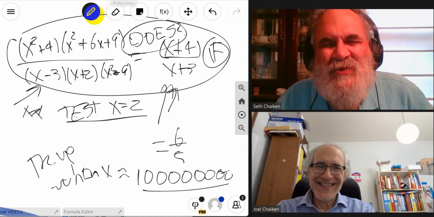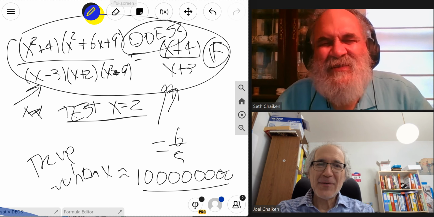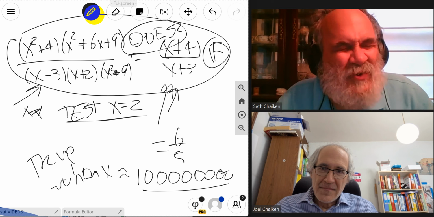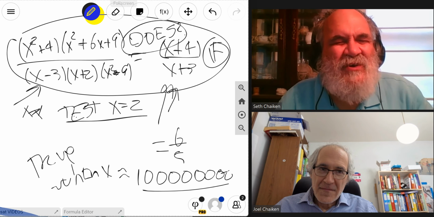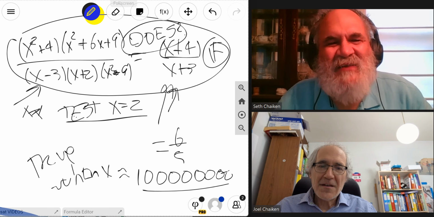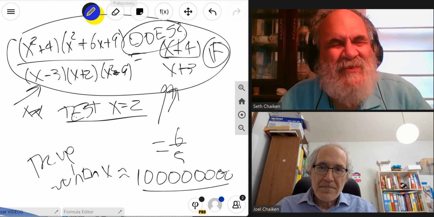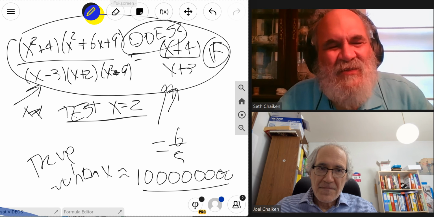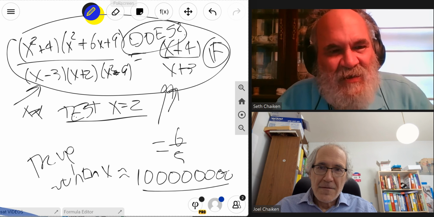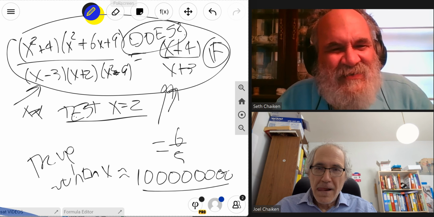And what happens is the expression on the left has what's called removable holes. Basically the idea is that the x minus 3, as you could see, is a factor.